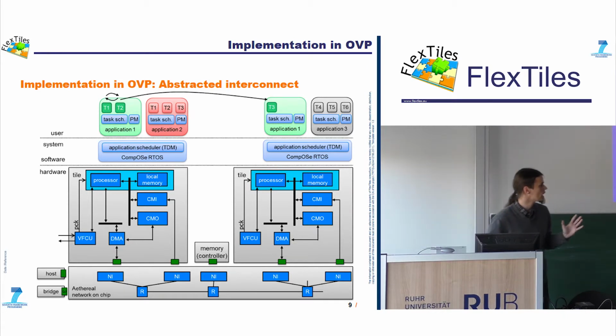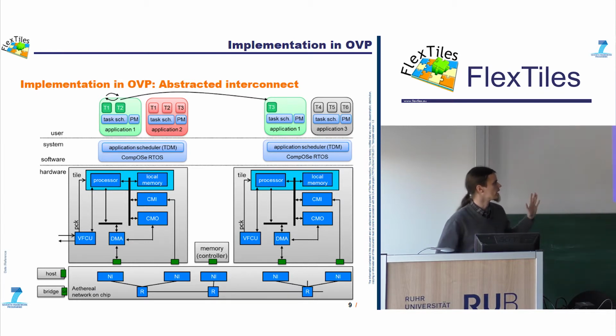So here we have the whole stack. Two tiles: at the top the tasks, in the middle the operating system, and at the bottom the hardware part, with one tile on the left and one on the right. What do we need for the interconnect? The tasks don't want to know anything about the interconnect. For them, the model of computation is a CSDF.